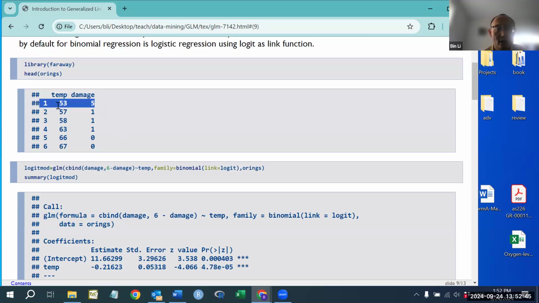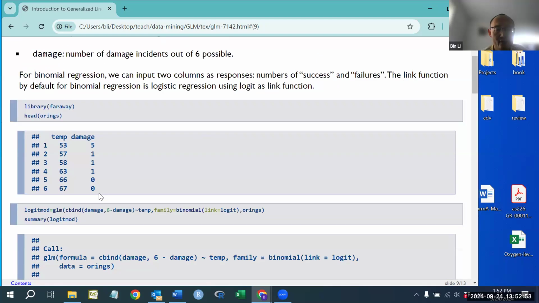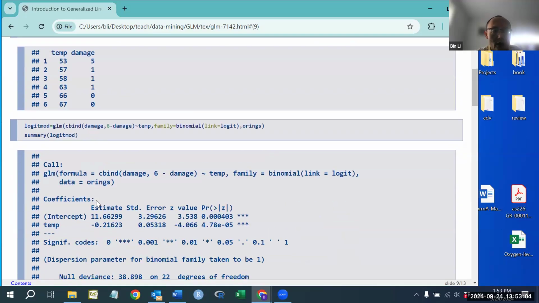You can see when the temperature is 53, we have 5 damaged out of 6 experiments. Okay, so now let's first fit a logistic regression.